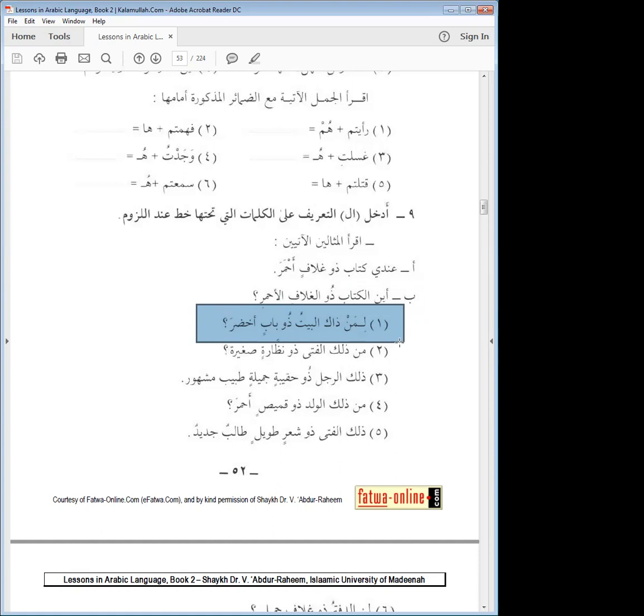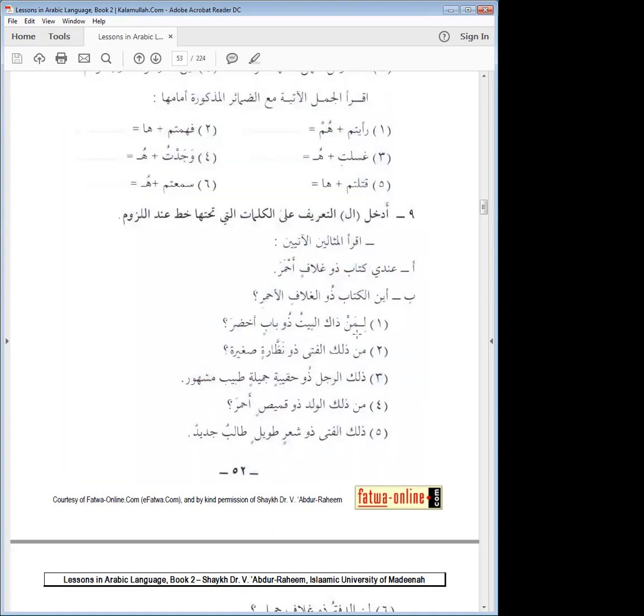So we are stating a particular noun, then we are saying a particular attribute of that noun, right? So for example, going back to the first example above, Indi kitabun ذو غلاف أحمر. So I have a book. There's a statement, right? Then we're going to list a particular characteristic of that book. ذو غلاف أحمر. That has a red cover, right?